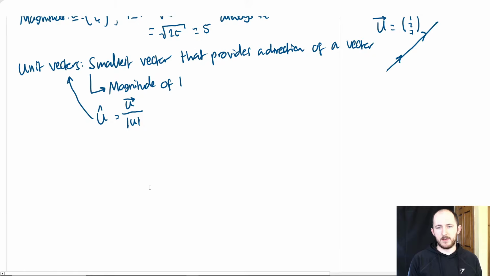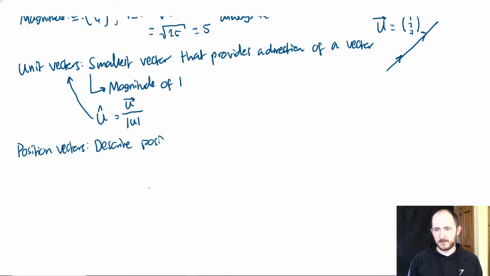The next thing you need to know about is position vectors, which you should be fairly familiar with. So position vectors describe the position of a point, shockingly. Okay, so they describe the position of a point relative to the origin.